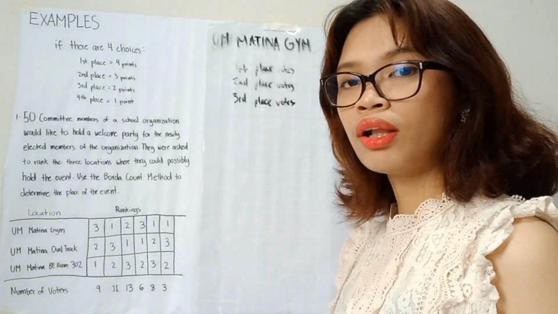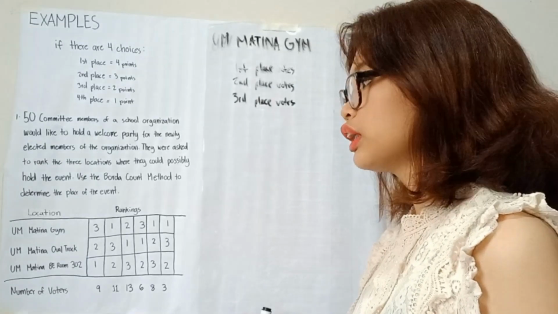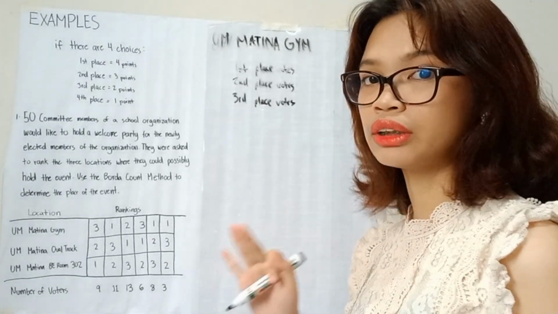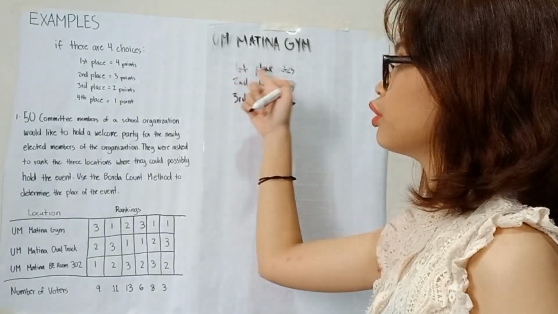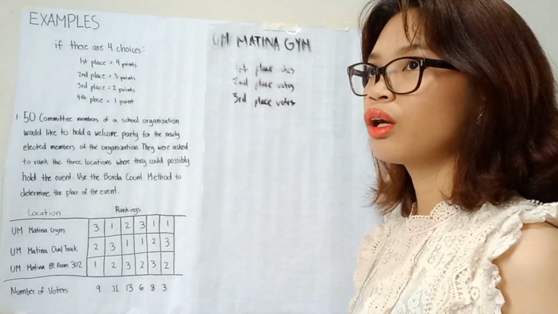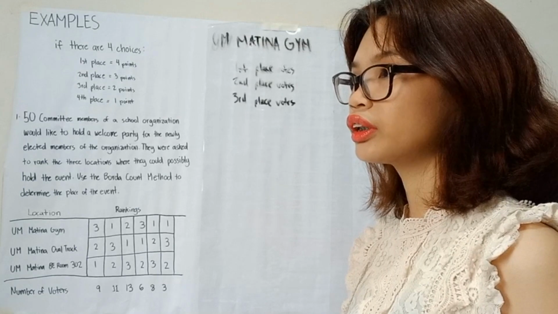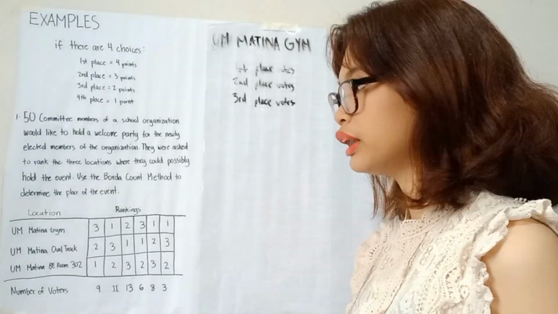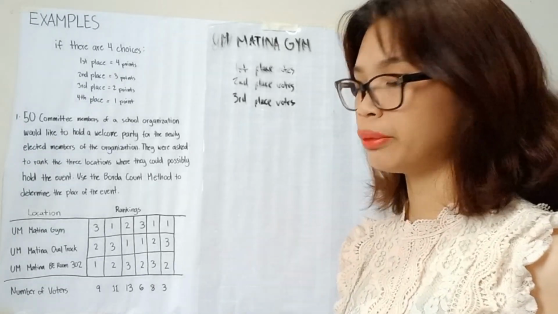We add all the number of voters that voted for first place, second place, or third place. First we have the first place. Let's add first how many voters selected first place for the Matina Gym.